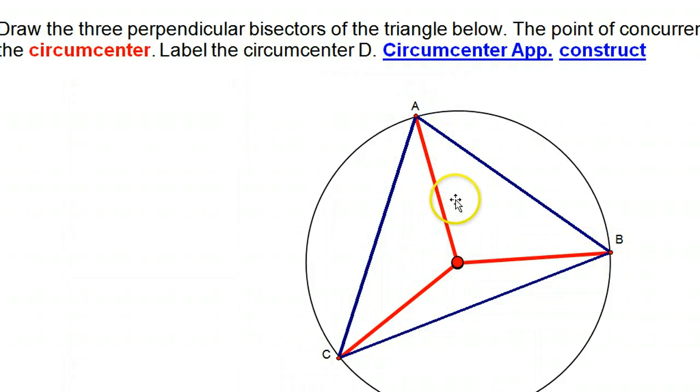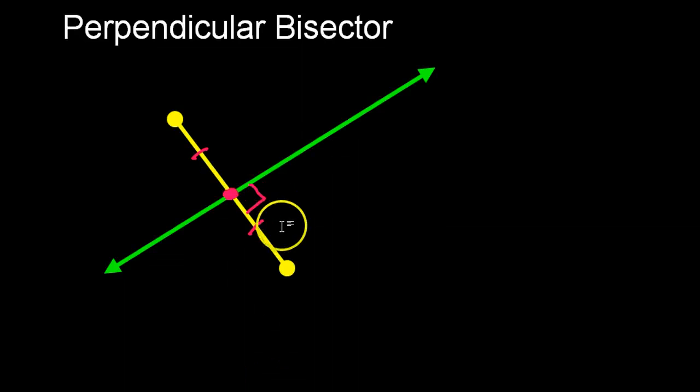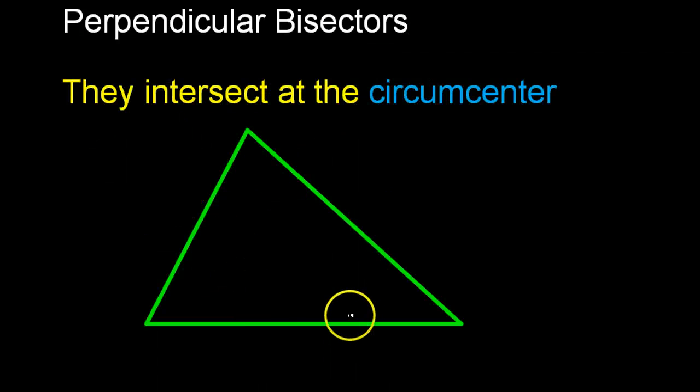Alright, that's key. One more thing you need to know about a circumcenter is the way you find a circumcenter is using perpendicular bisectors. Let me show you what I mean. Alright, look at this green triangle. I don't need to draw a circle around this triangle to find the circumcenter.